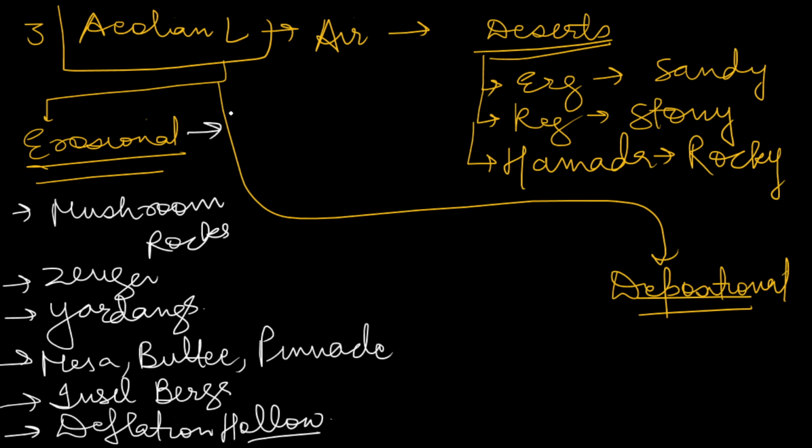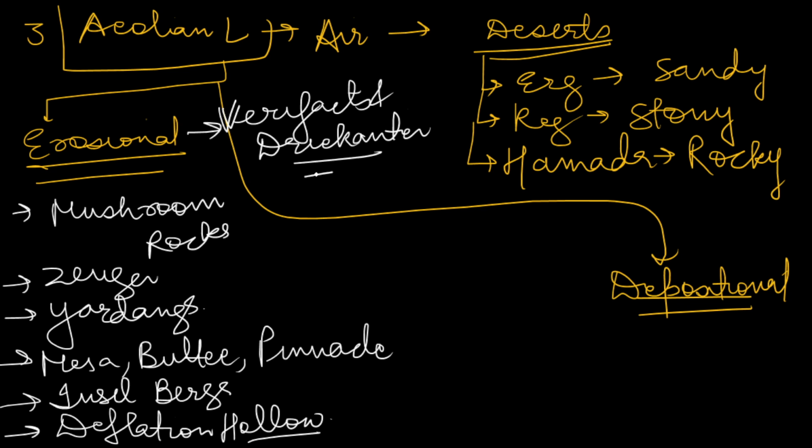And you will also find wadis and dry canyon. So these are erosional ones. Although remembering all these landforms is not easy, once you keep revising again and again, you will get some idea of it. So please do revise these things.